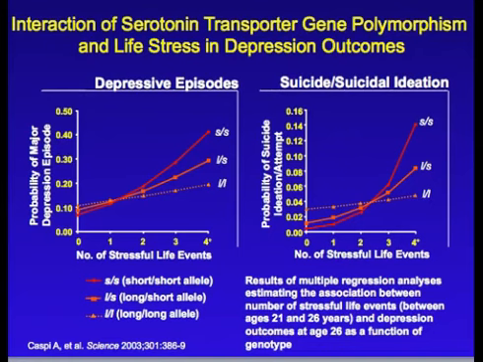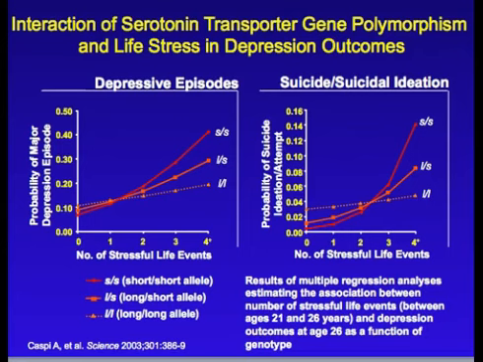Putting it all together, we have here an interaction between environment and genetic predisposition that leads to phenotypic depression. So here we've got the serotonin transporter gene polymorphism. This gene has two alleles. One is the long allele, the other is the short allele.